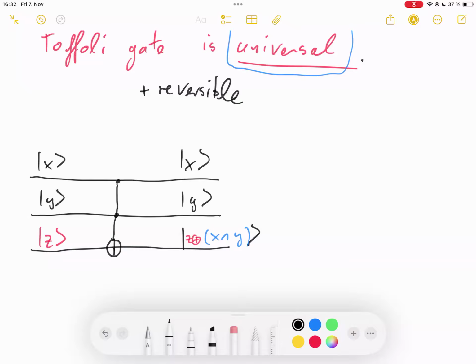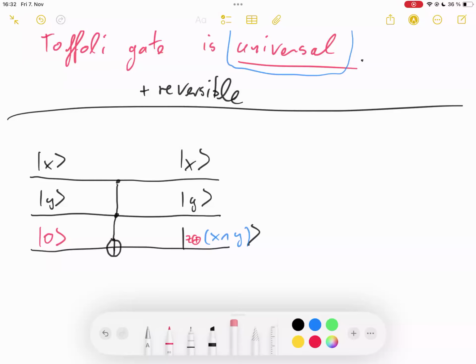I'll just show you a few tricks what you can do, because rather than feeding in Z as a variable, I can just feed in a 0 for the Z. That would also allow me to feed in a 0 here.